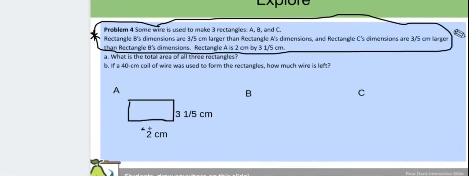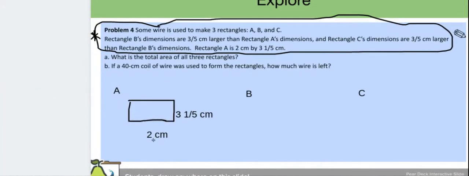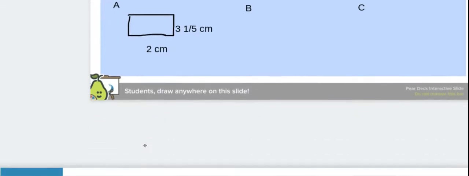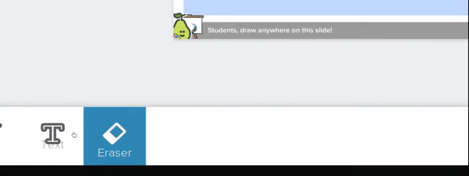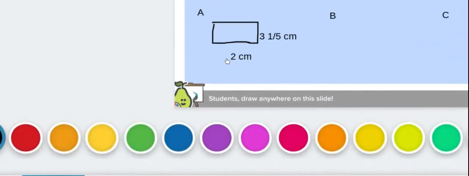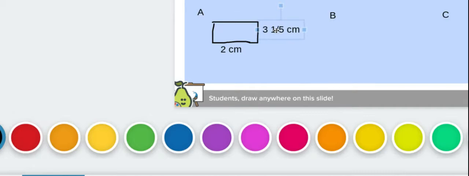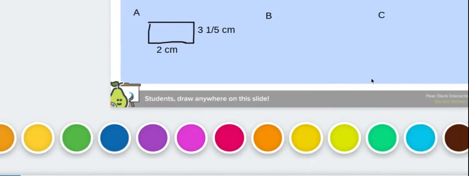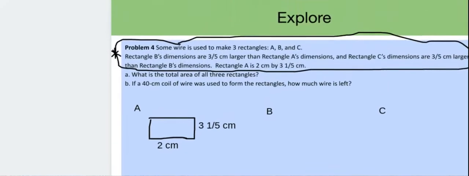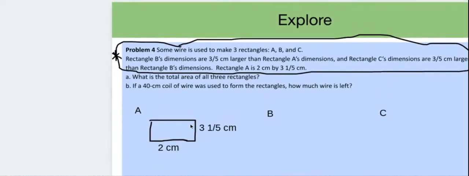The problem gave us that information, which is very key. It's information that we need, because if we don't have this information, we're not going to be able to figure out what the dimensions are of the remaining rectangles. So it's important that we have this. Okay, so let's go back to the problem. So rectangle A, perfect. We're good.